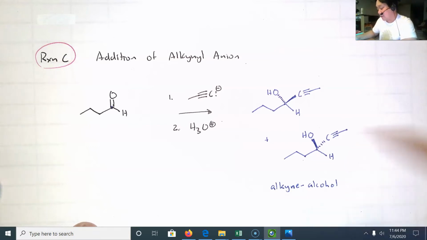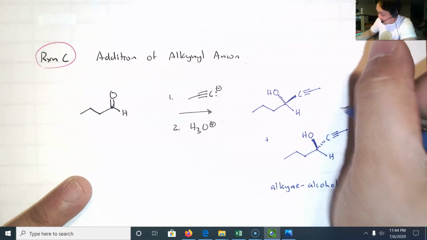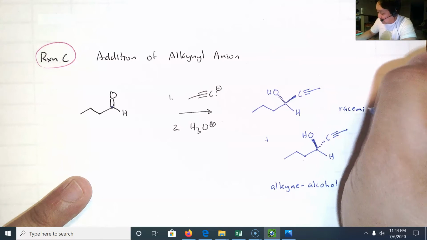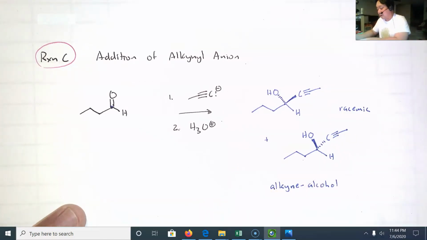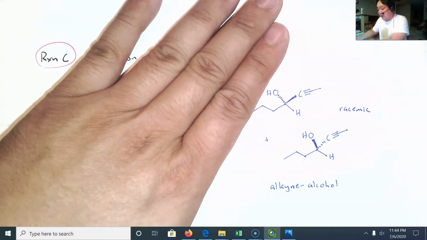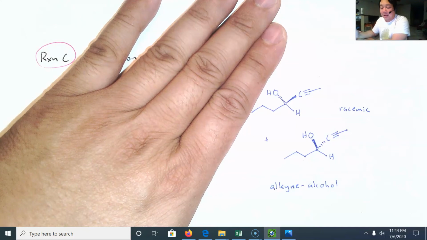I believe the hydroxyl group has priority, but don't hold that to me. What's more important in my mind is that you understand the products that you make, and that is racemic. And also, if I give you the targets, do you know what combination of aldehyde or ketone and alkynyl anion you have to use to make it?